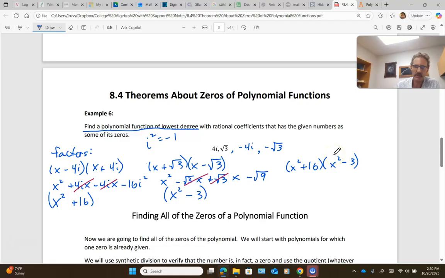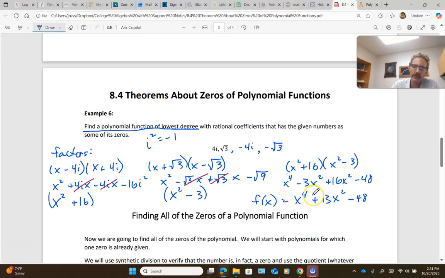So x squared times x squared is x to the 4th. x squared times negative 3 will be negative 3x squared. 16 times x squared will be 16x squared. And then 16 times negative 3 is negative 48. Combine those two terms in the middle. You're going to get a positive 13x squared minus 48. Okay? And that is our polynomial. And it is a 4th degree polynomial, isn't it?